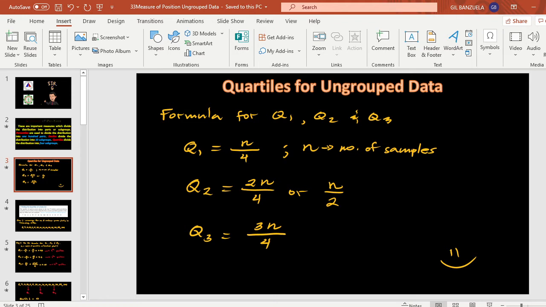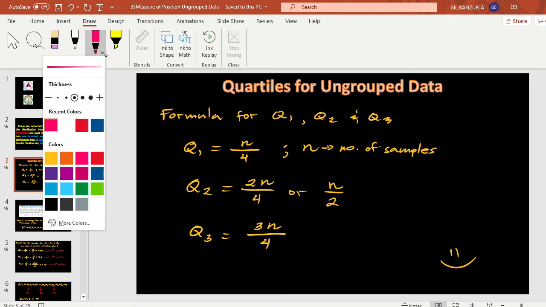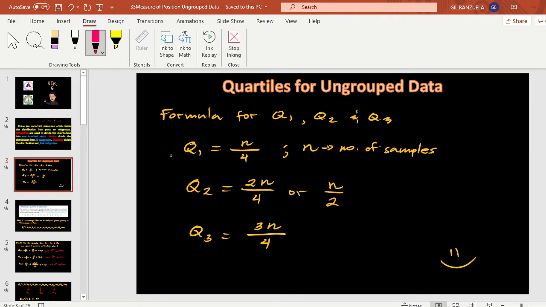The formulas for quartile 1, quartile 2, and quartile 3 for ungrouped data are as follows. Q sub 1, meaning first quartile, is equal to n over 4, where n is the number of samples or the sample size.